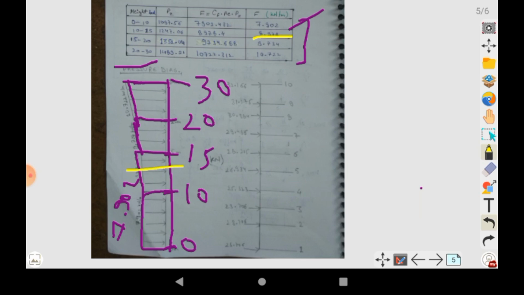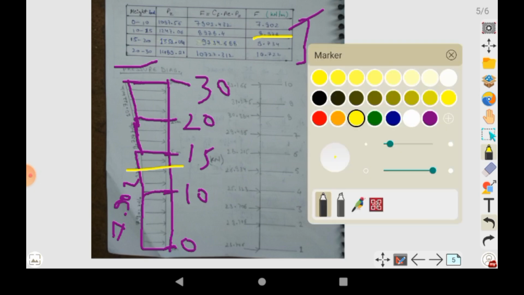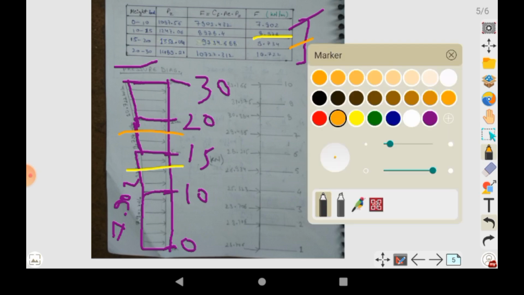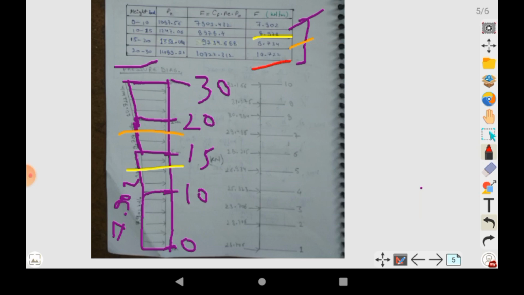For the 15 to 20 meter level, this is 9.734, and for the 20 to 30 meter level, this is 10.722. So these are the levels, and this is the pressure diagram which you can see on your screen.